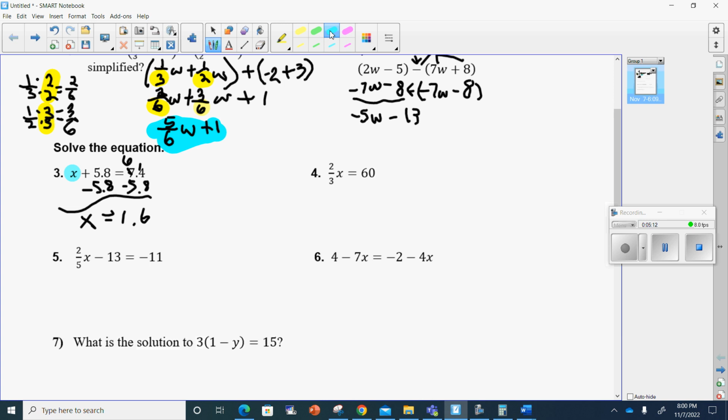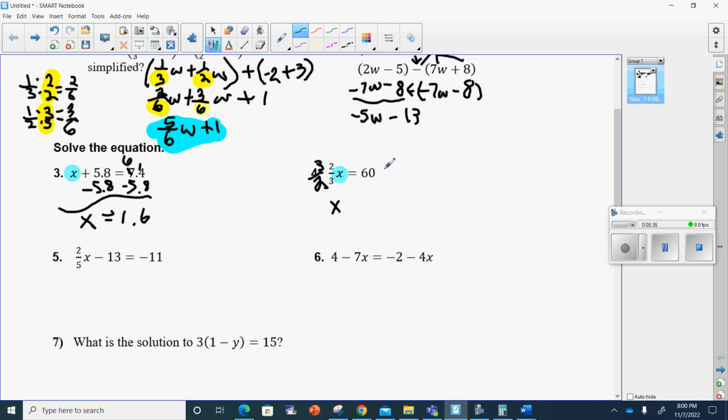So I am trying to isolate x right there. I'm multiplying 2/3 to it. So I know doing the opposite would be multiplying 3 over 2 to 2 over 3. Now I know 3 times 2 is 6, 2 times 3 is 6, 6 over 6 is 1. I got x by itself.